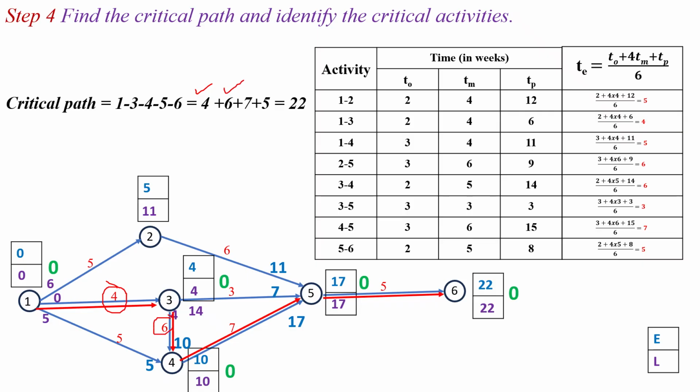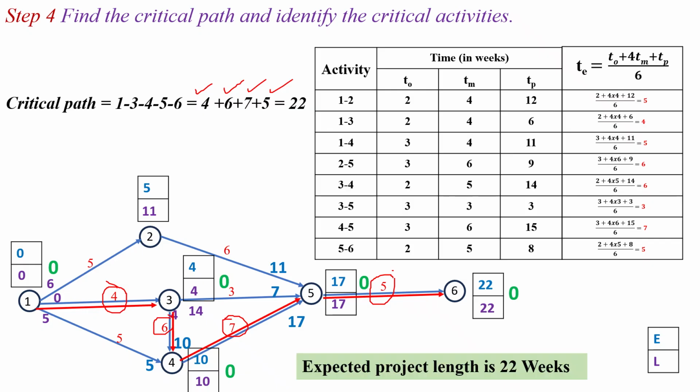So 4 plus 6. And similarly for the activity 4 to 5, expected time is the 7. So plus 7. And for the activity 5 to 6, expected time is the 5. So 7 plus 5. So critical path is the 1, 3, 4, 5, 6 and time duration is the 4 plus 6 plus 7 plus 5, which is equal to the 22 weeks. So expected project length is the 22 weeks.